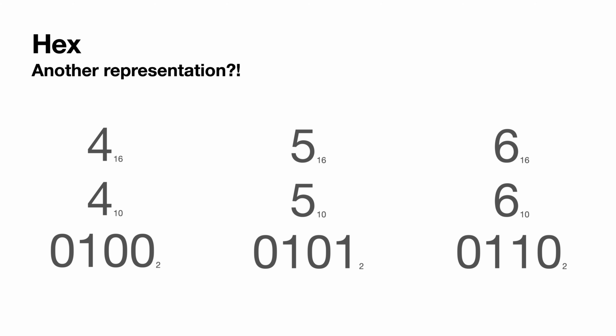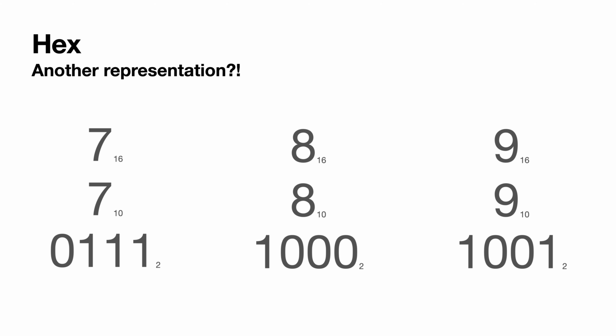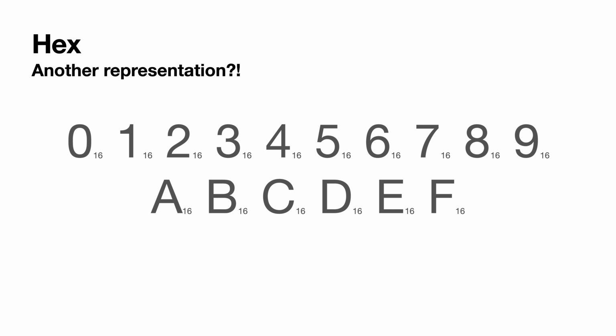Still no problem, still able to just use one digit. 7, 8, and 9, again pretty straightforward. So remember, it goes from 9 to A.